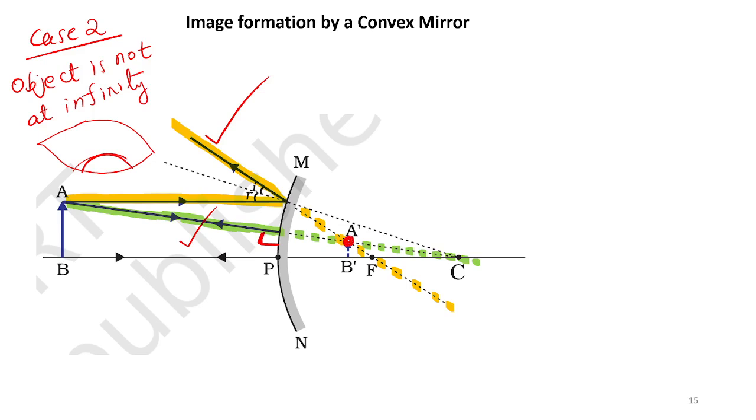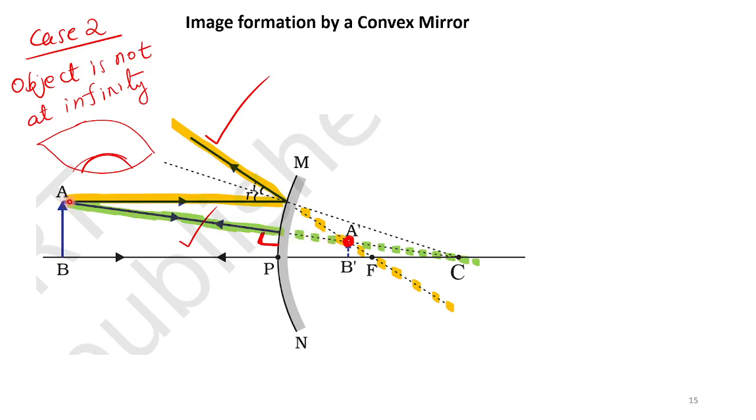If I am watching, this is my eye, this reflected ray and this reflected ray, both the rays are emerging from A dash. Our brain says to us that these two reflected rays are originating from A dash, from this point. So here we get a virtual image. Understood?